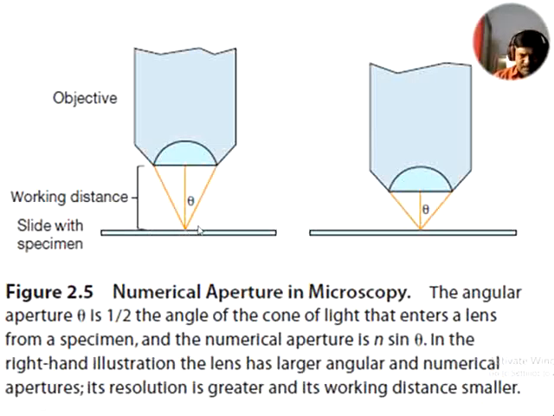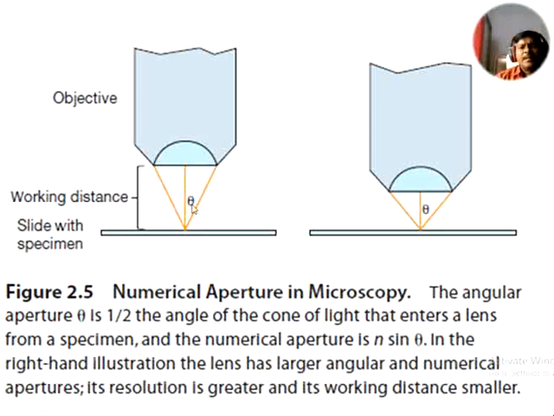Is it okay? Now this is the working distance. Working distance means the distance between the object or specimen and the objective lens. That is called the working distance.